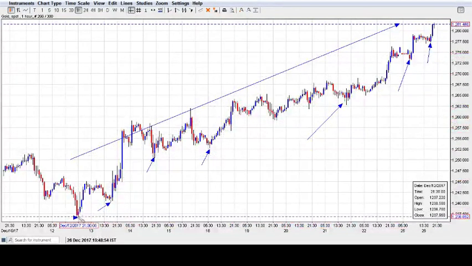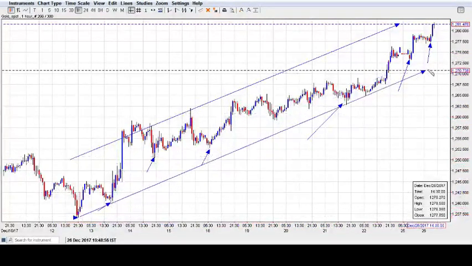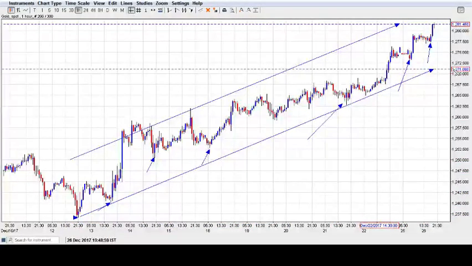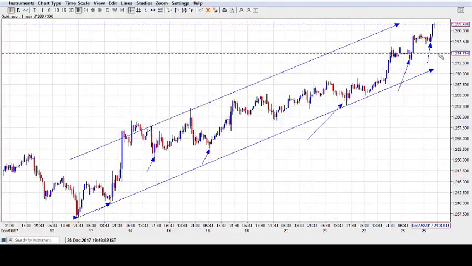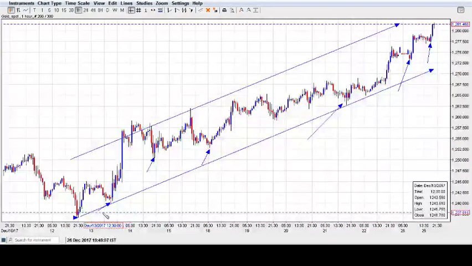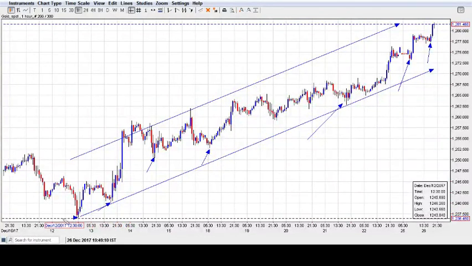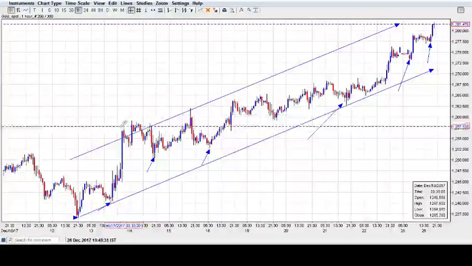Run your eyes, please make a habit of running your eyes across the lows of the rising market, and then identify bullish signals at those lows. Let's do it again. When you have a rising market, please make a habit of running your eyes across the lows, not the highs, please.